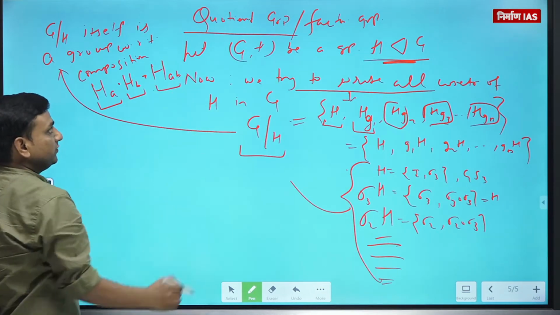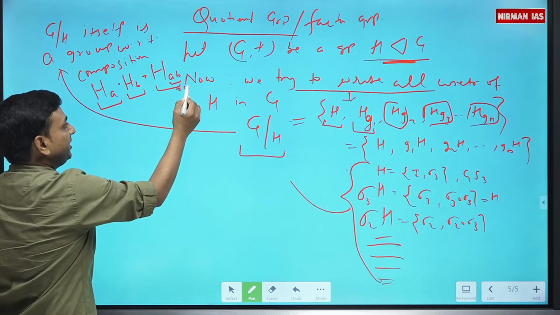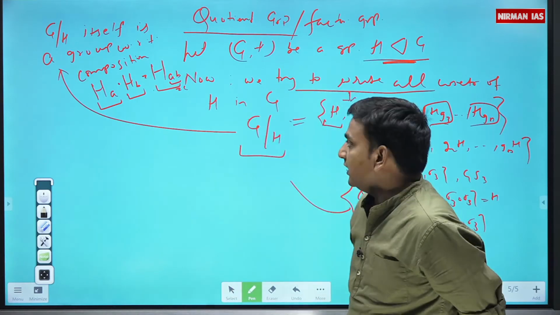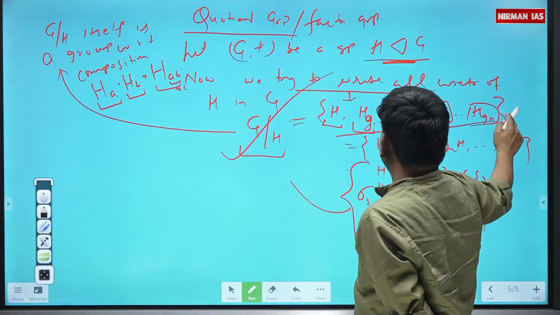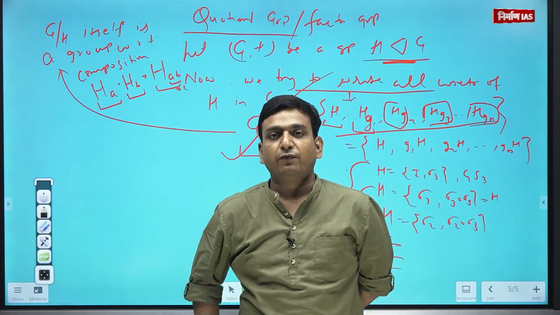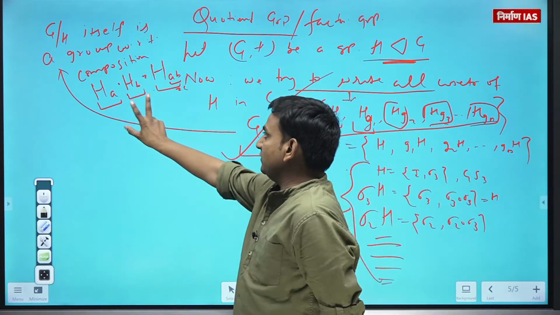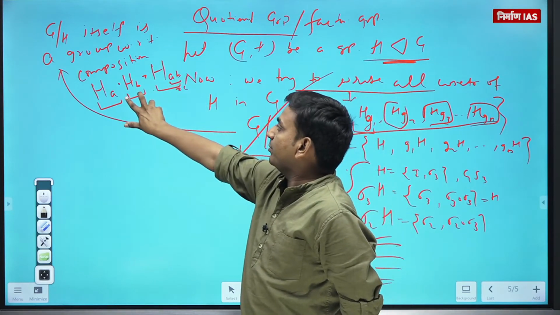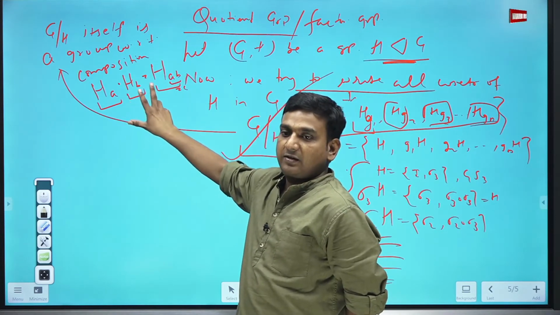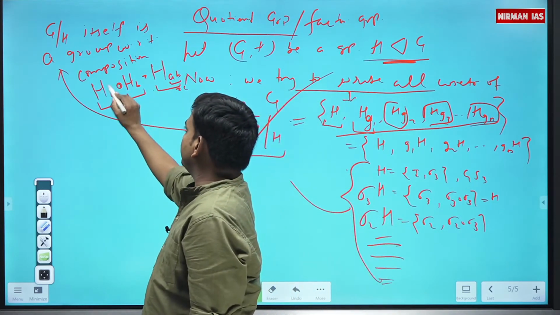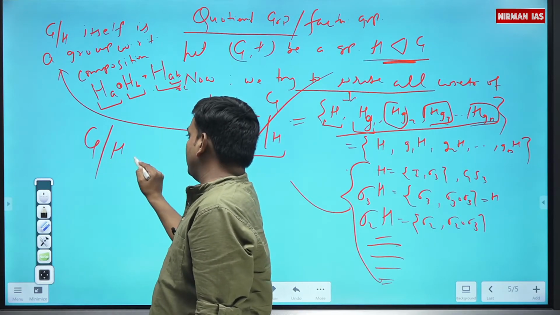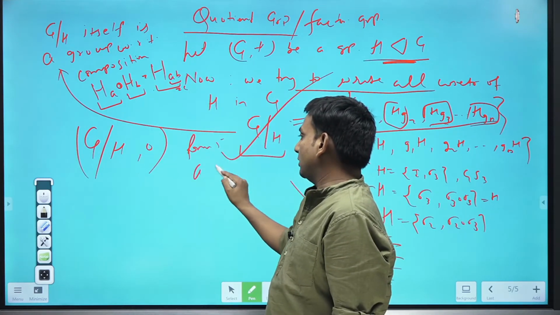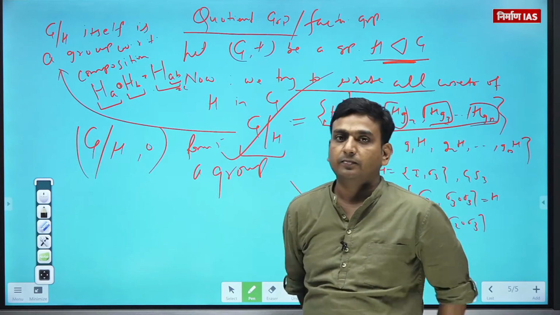This is the right coset generated by the element ab that you call c. So what it is trying to say is that if I take the collection of all cosets of H in G and we define a composition such that the composition of two cosets is again a coset generated by the composed element of these two elements, then GH with respect to this composition forms a group.